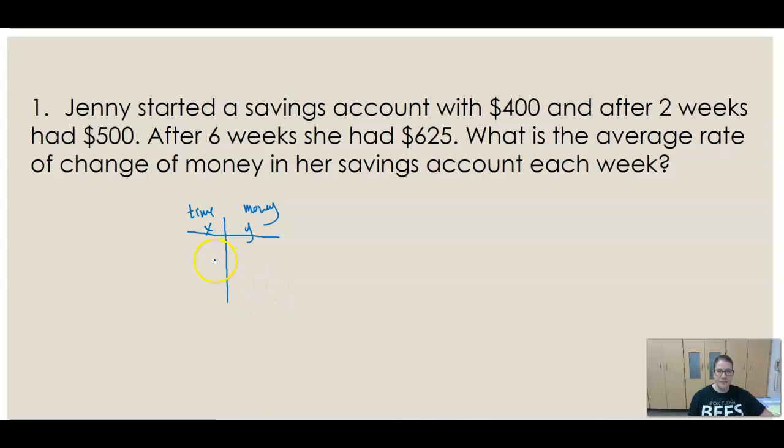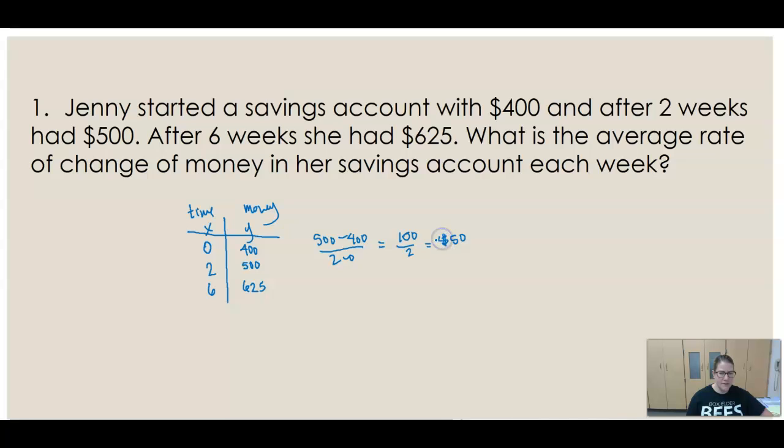So at time 0, when she opened the account, she opened it with $400. After 2 weeks had gone by, she had $500. And after 6 weeks had gone by, she has $625. So we can see that this is not linear because the rate of change between the first data point, 0, 400, and the second, 2, 500, would be 500 minus 400 over 2 minus 0, or about $50.